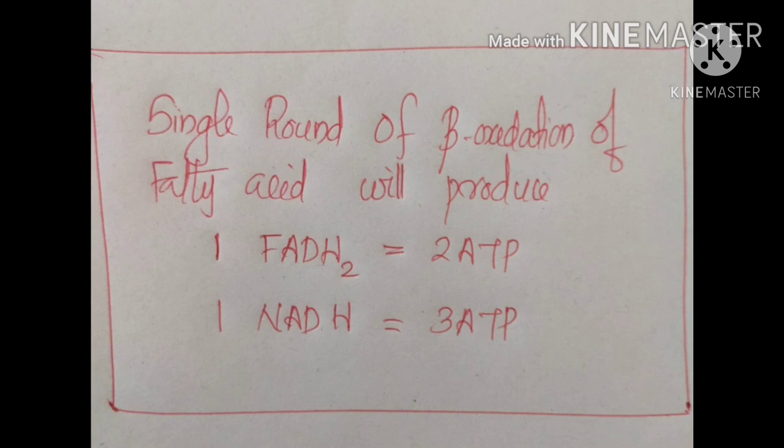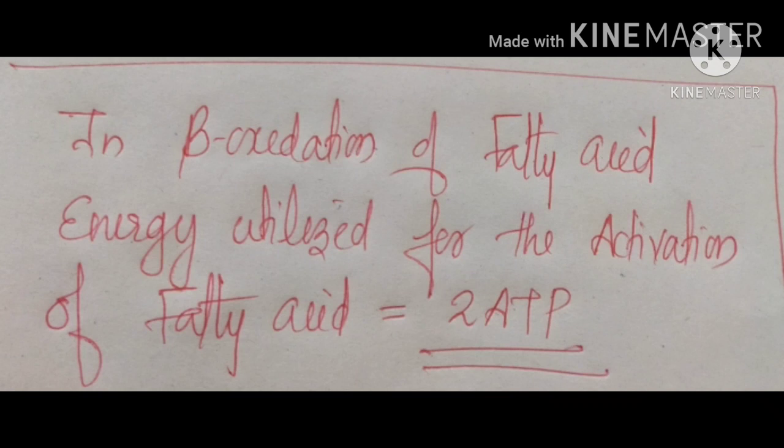Remember this point. In beta oxidation, at first the fatty acid should be activated. And this activation of fatty acid takes place in the cytoplasm or cytosol, not in the mitochondria. The activation of fatty acid requires 2 ATP; that is, 2 ATP molecules are utilized for the activation.